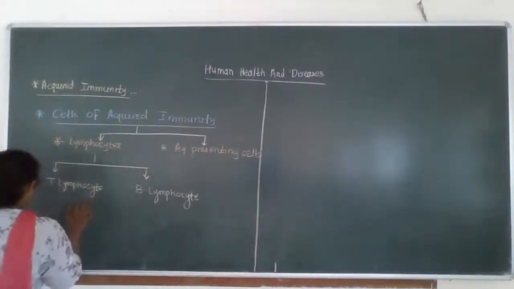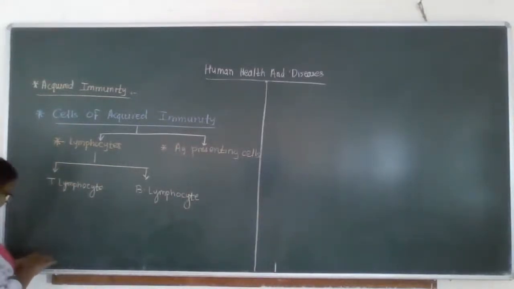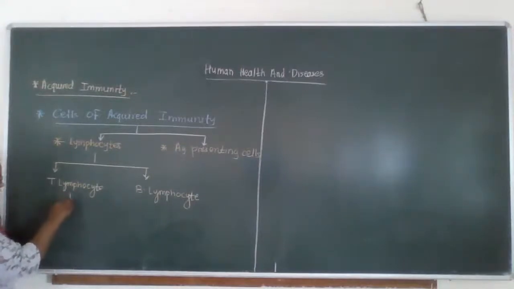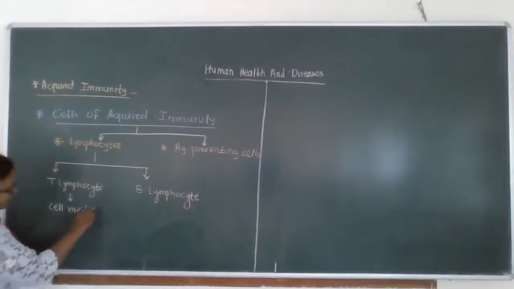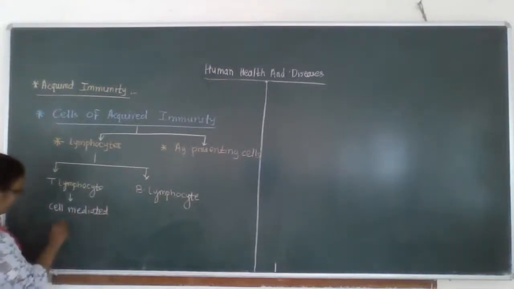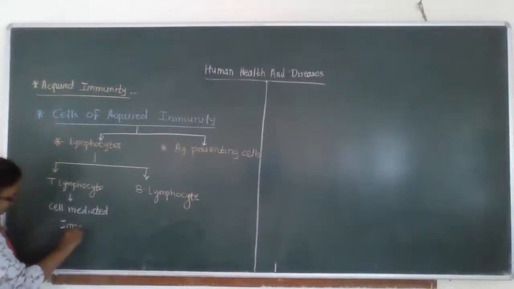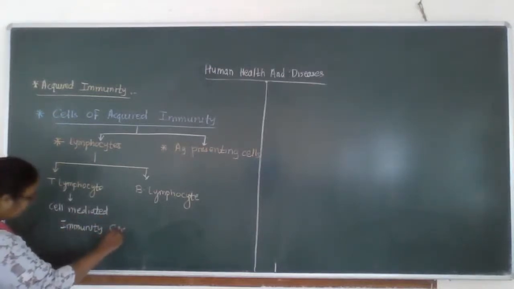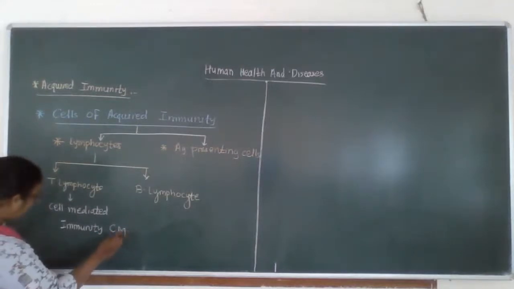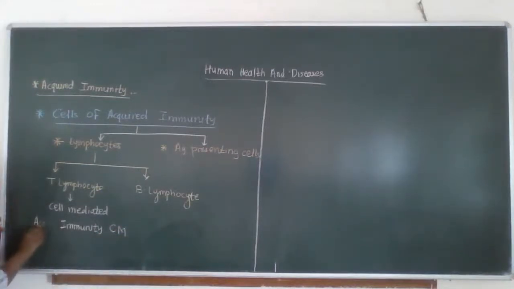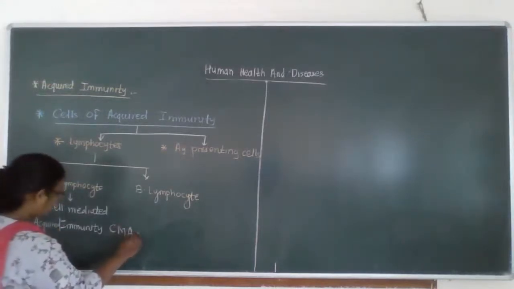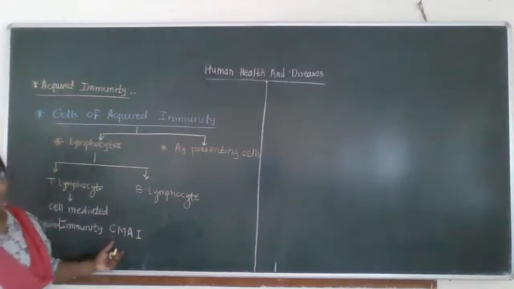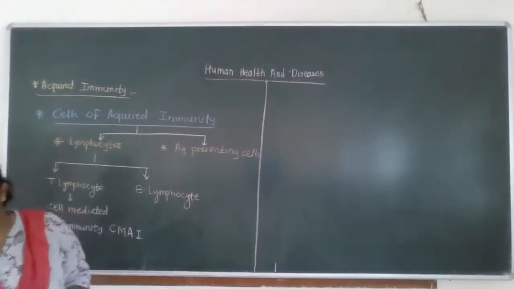So these T lymphocytes are showing cell-mediated immunity, called CMI, cell-mediated acquired immunity.